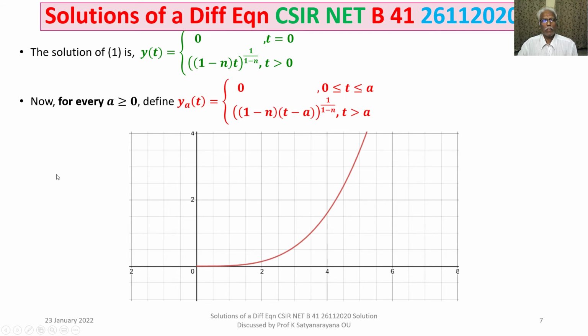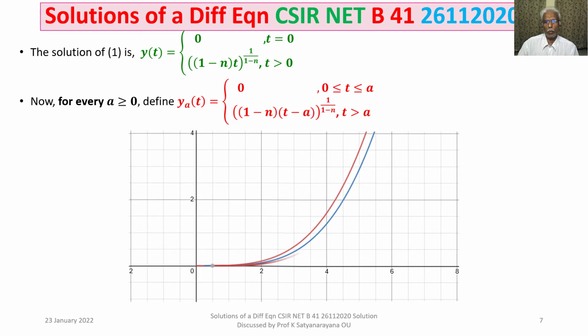Now it is shifted by a very small quantity a. So that is the curve. And the next value of a is this. But a greater than or equal to 0 is continuously taking values, so these gaps you won't see. They will be very, very close.